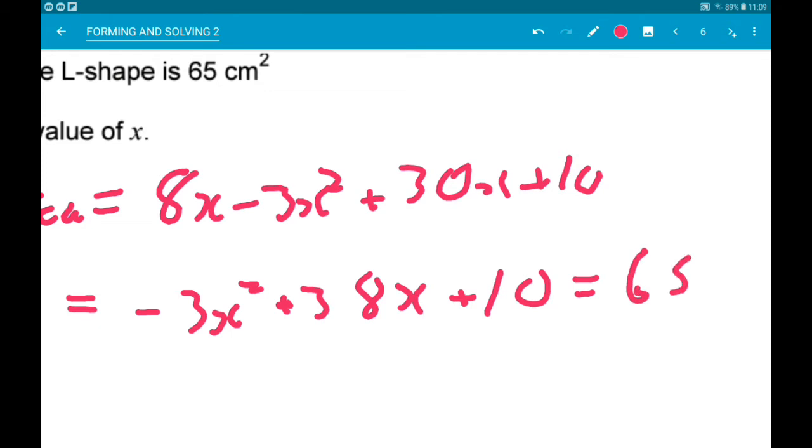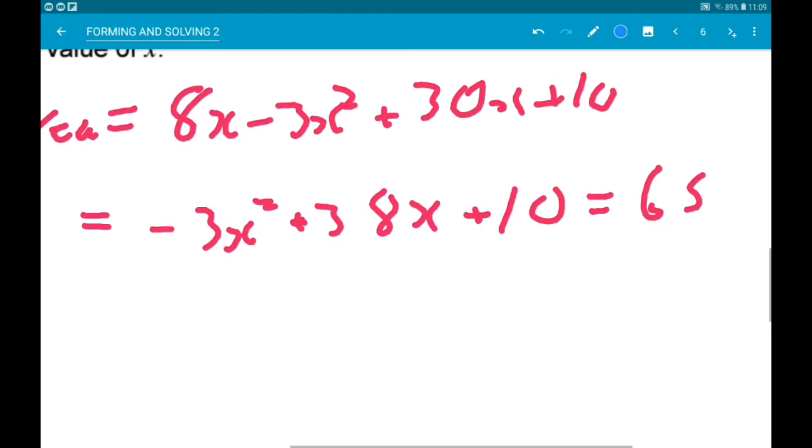Okay, so our job is now to solve this. Now, because there is an x squared, it's quadratic, which means we want everything on the same side with a 0 on the other. So, we really don't like a negative 3x squared, so we're going to move everything from the left to the right. So, we're going to end up then with a 0 on the left.